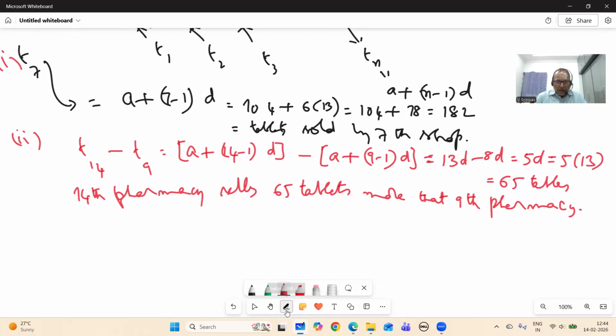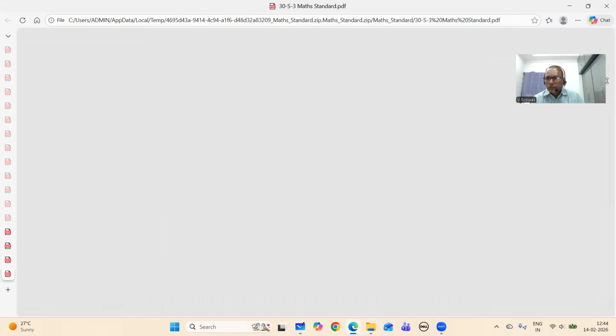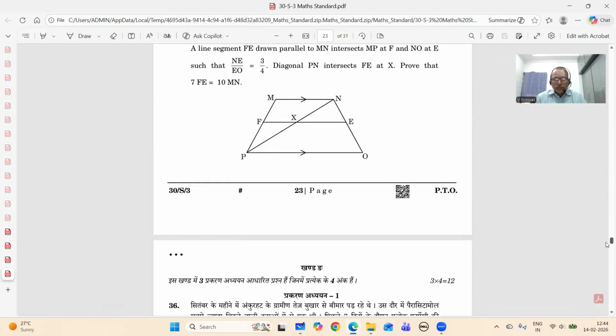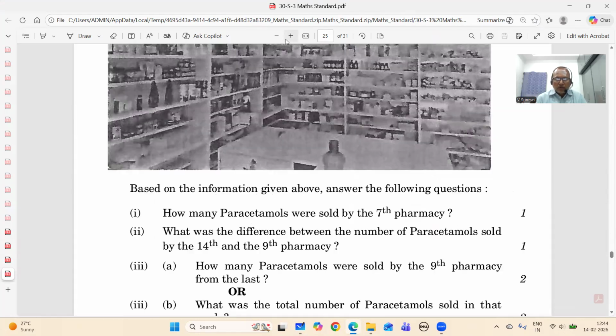Yeah, let's look at the third part. What does this say? How many paracetamols were sold by the ninth pharmacy from the last? That is important: ninth pharmacy from the last.